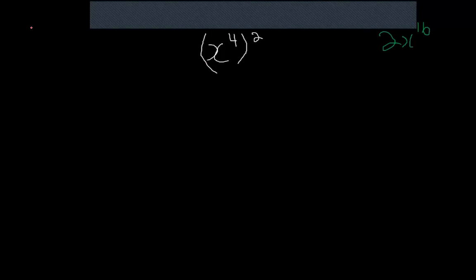The rule that would apply here is this one. A number raised to the power of n, and then this whole thing raised to the power of m, is the same as a to the power of nm. We know that nm is the same as n multiplied by m.